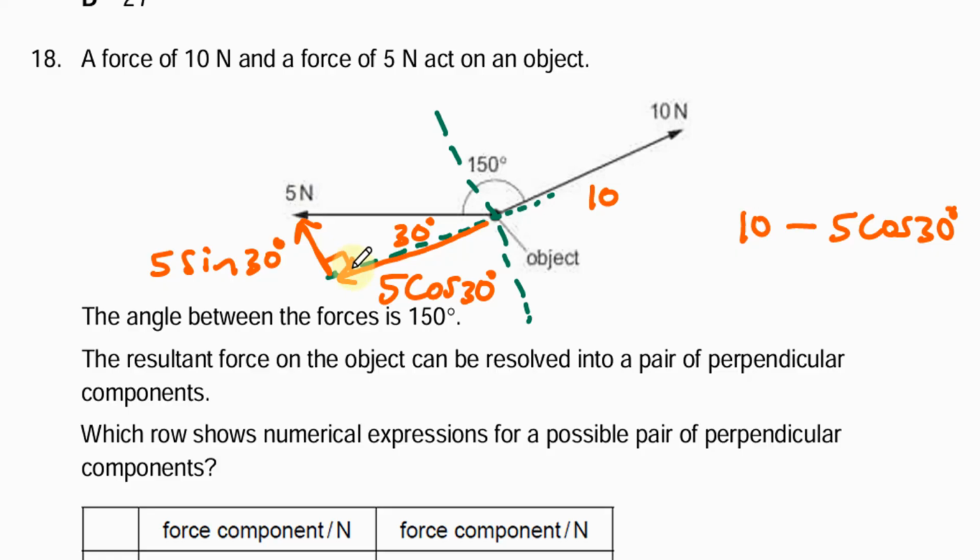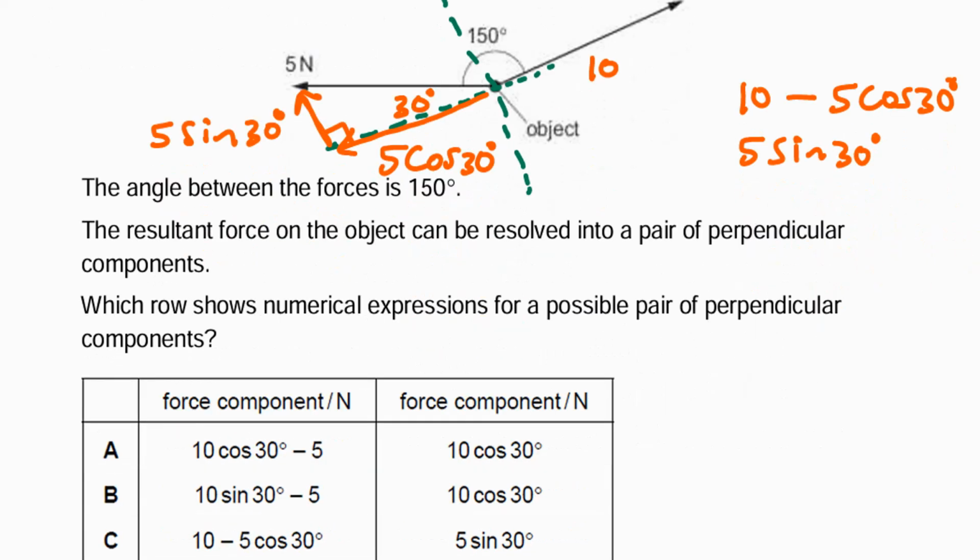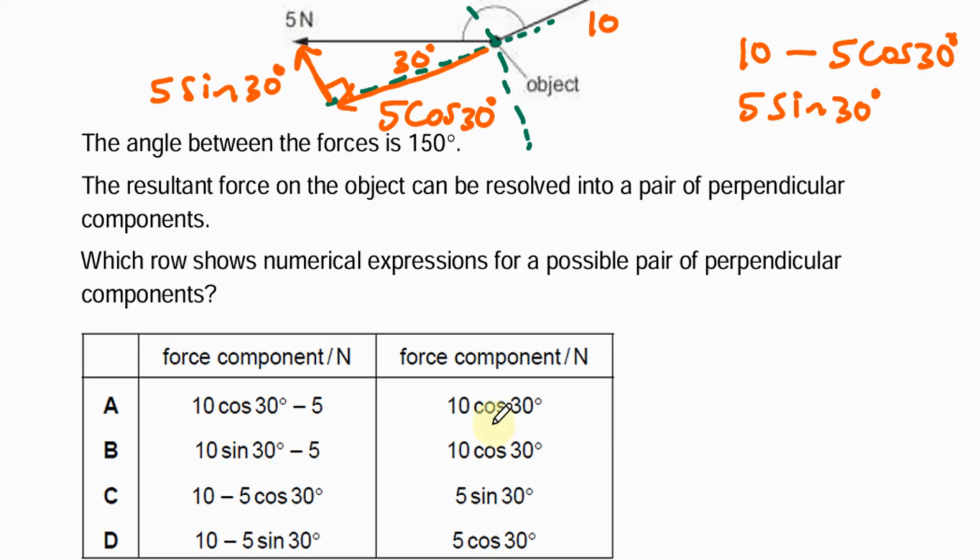Then the only component in this plane will be the 5 sin 30. So let's compare our answers here with the options given, 10 minus 5 cos 30 and 5 sin 30. And then we can see the answer is C.